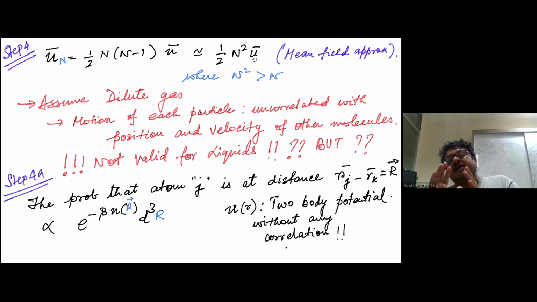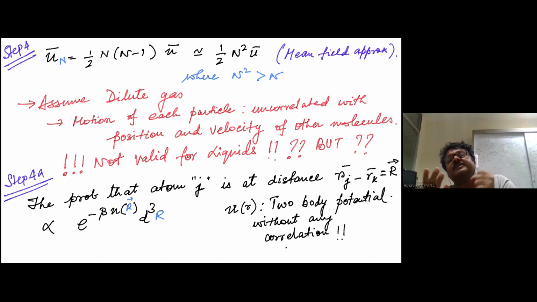Here you are assuming that at a time, each particle, especially in a liquid, not in a gas, interacts in pairs. In a gas, this is a valid assumption. But in a liquid, each particle could be interacting with multiple particles.